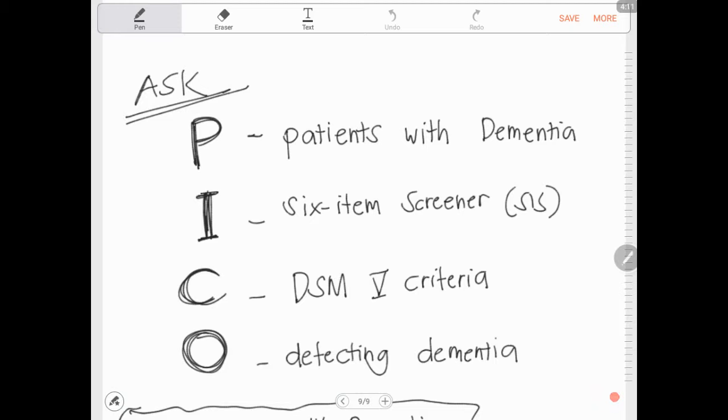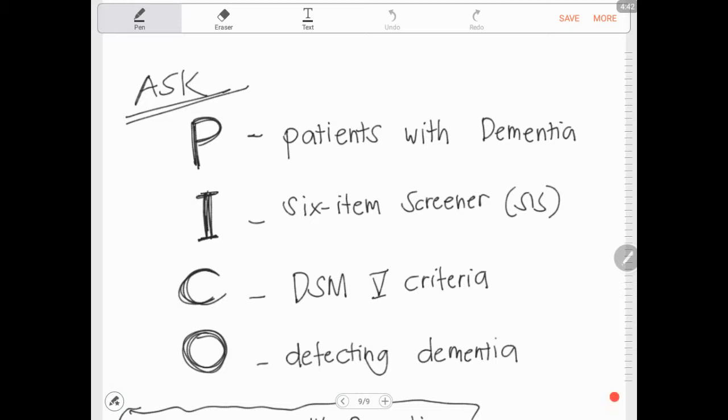However, when we do the MMSE so that you are able to come up with a diagnosis based on the DSM-5 criteria, it looks difficult because it's too much. So the comparator is the DSM-5 criteria using the MMSE versus now the 6-item screener.